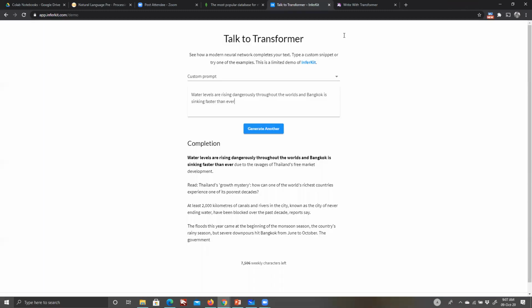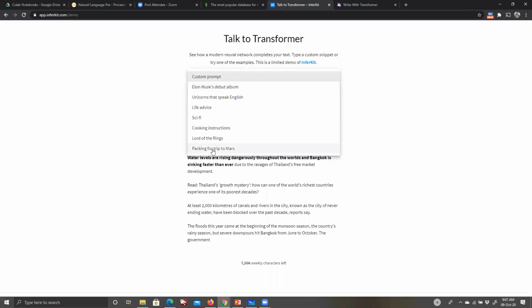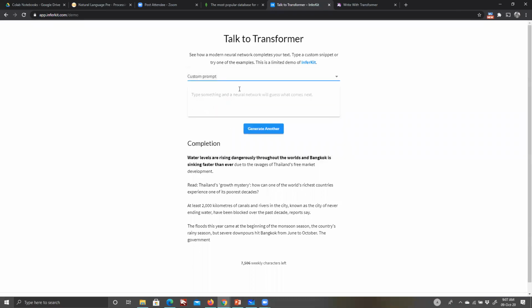All right. But mostly these kinds of talk to transformer or just some general examples ideally work in some domains, and that will work. And of course you can use a custom prompt, but just be careful not to go very domain specific.